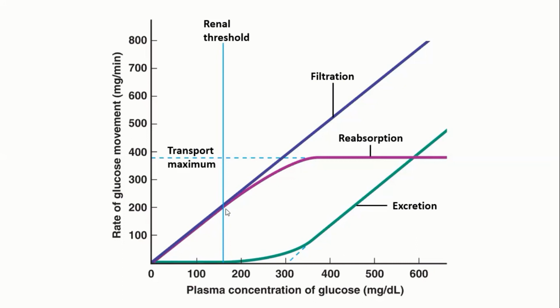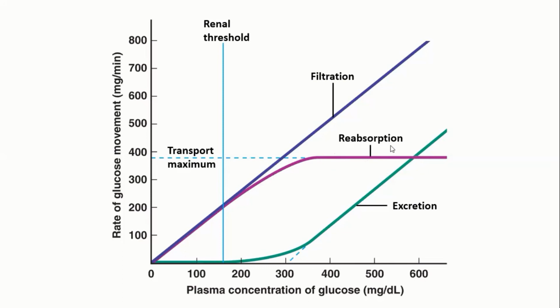So they start to get kind of full, and we can see that our reabsorption rate is slowing down. And at a certain point, we're going to hit our transport maximum. So they're absolutely, absolutely all full. It cannot go any faster. At that point, the amount of glucose being reabsorbed stops increasing, even though we increase glucose, because we just don't have any more proteins able to move glucose across the membrane.